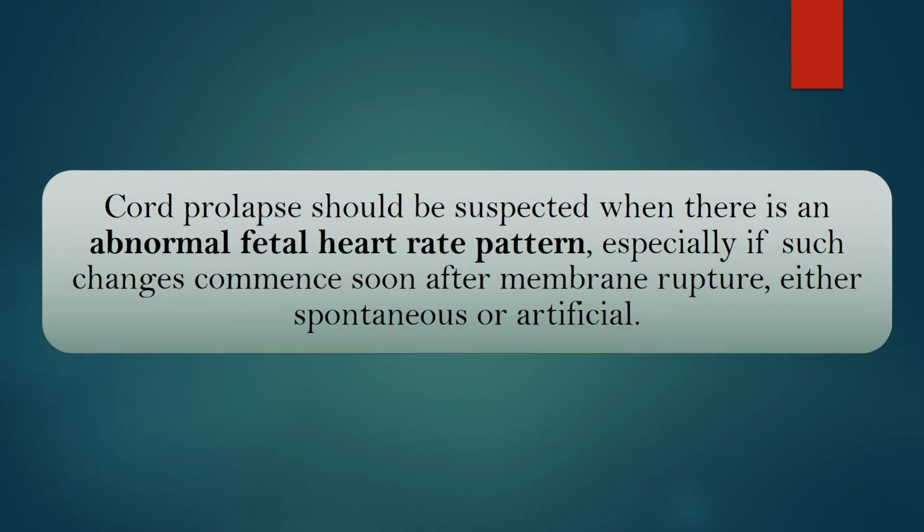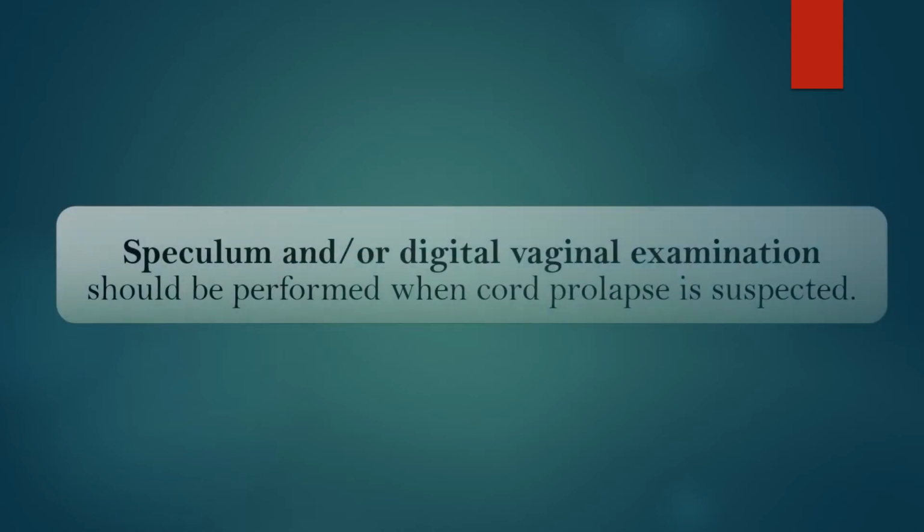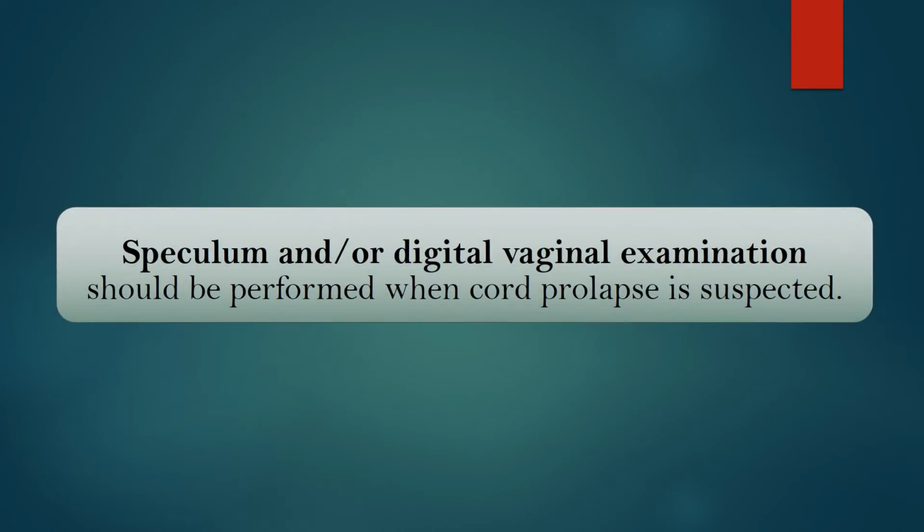Cord prolapse should be suspected when there is an abnormal fetal heart rate pattern, especially if such changes commence soon after membrane rupture, either spontaneous or artificial. Speculum and/or digital vaginal examination should be performed when cord prolapse is suspected.